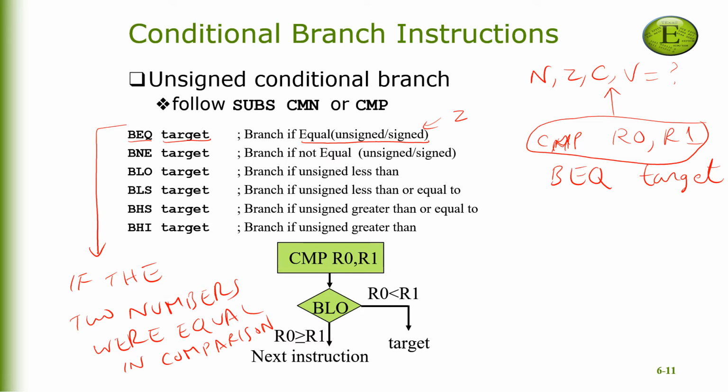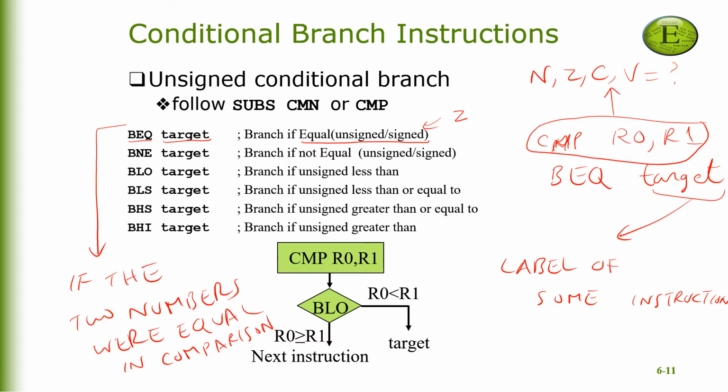And the target, what is this target? Target is actually a label of some instruction. So we are really instructing our microcontroller to jump. Branch means jump.